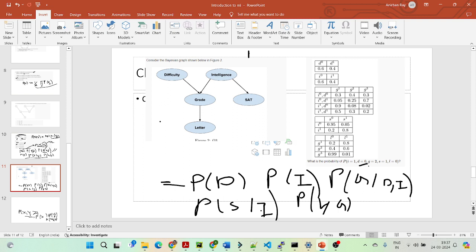They have asked D to be 0, so the probability is 0.6. P of I, I given 1, is 0.4. P of G given D and I: D is 0, I is 1, and G has to be 2, so the answer is 0.08 here.